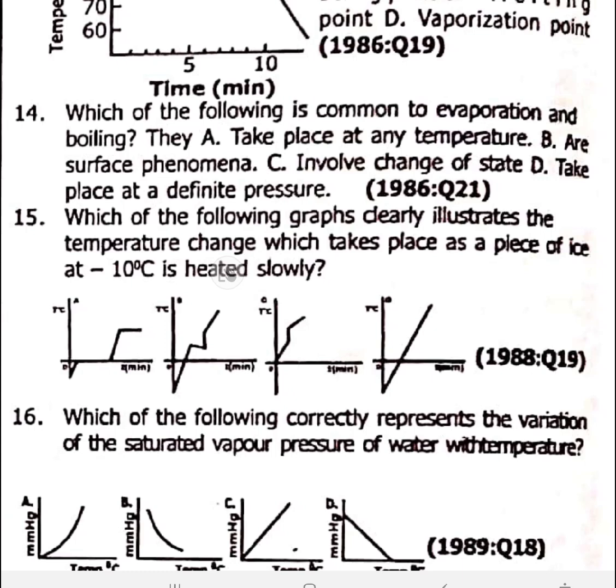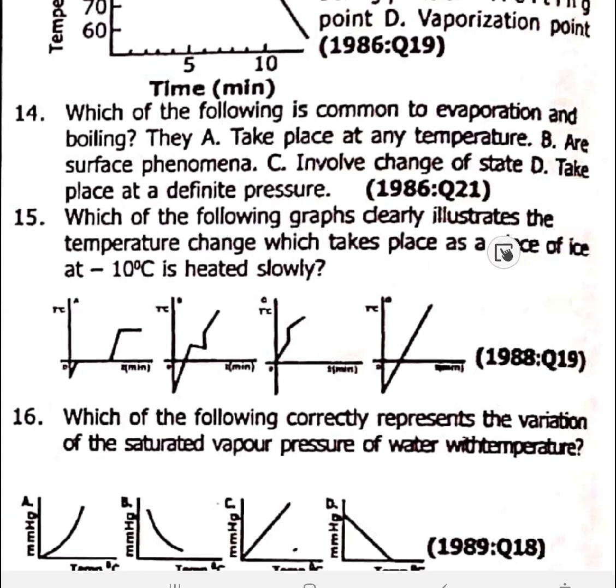Next, boiling is independent of wind. So, which of the following is common to evaporation and boiling? 14. Read that item very well. Both of them involve change of state. 14 is C.